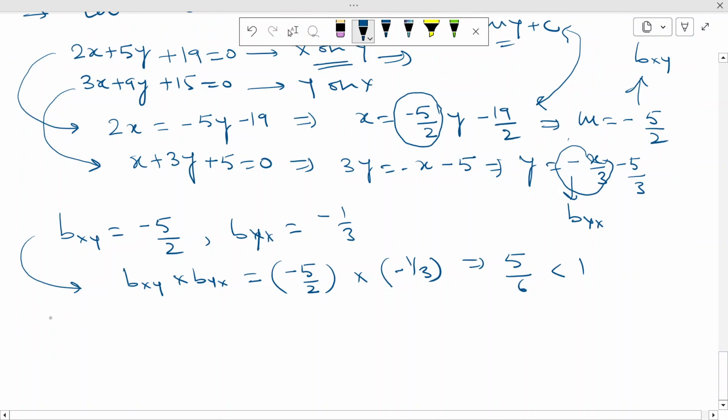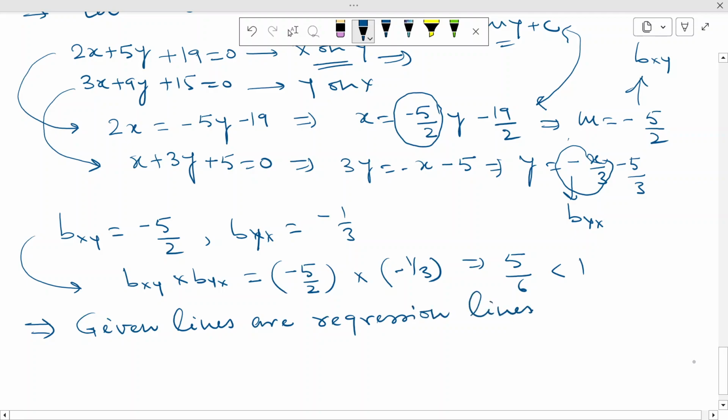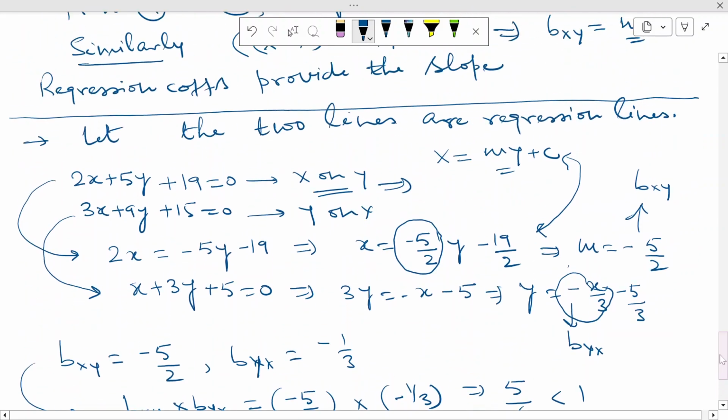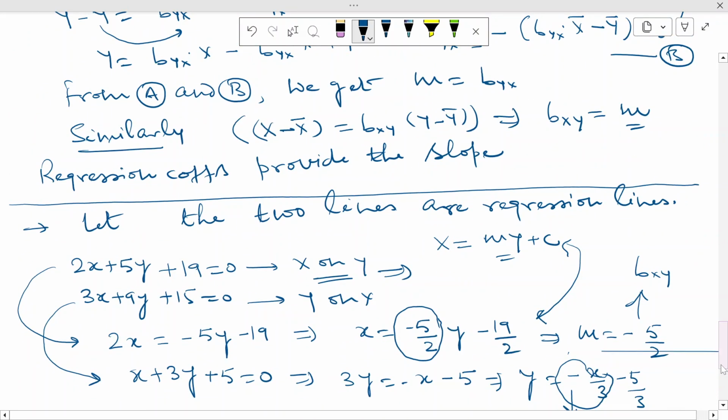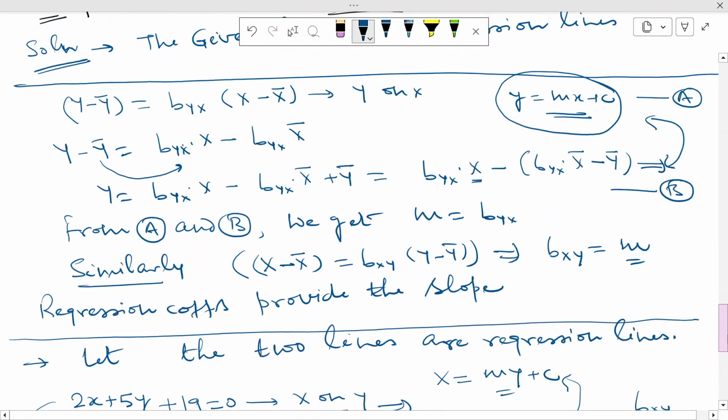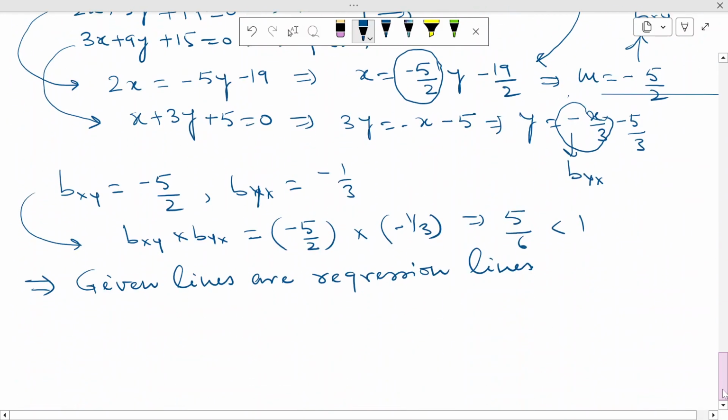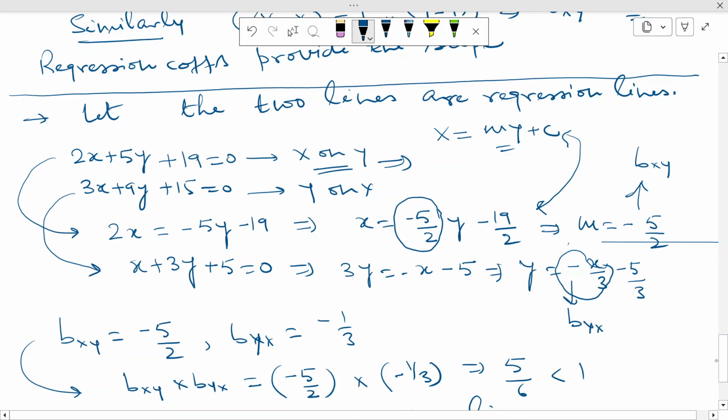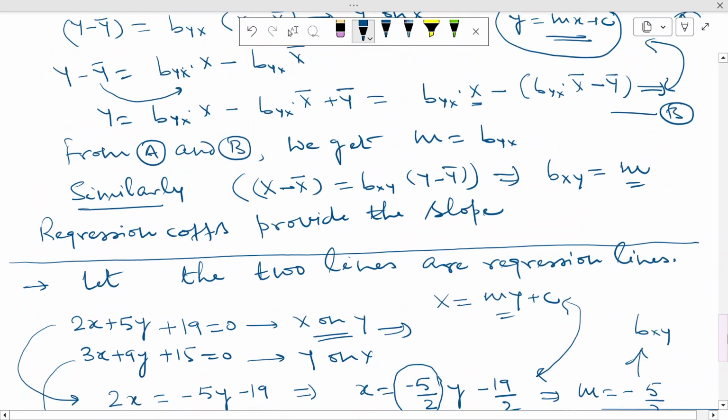So this implies that the given lines are regression lines. And so if these are regression lines, then we have to calculate certain things.